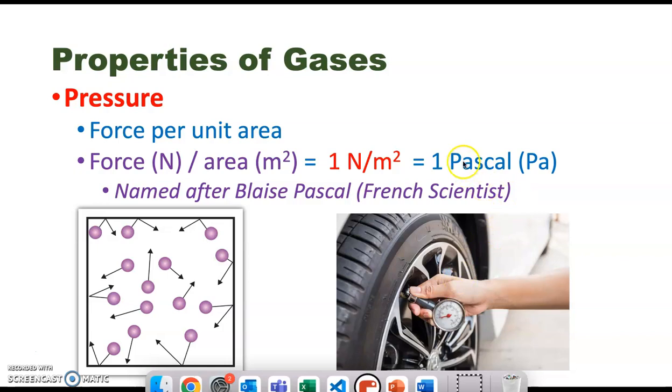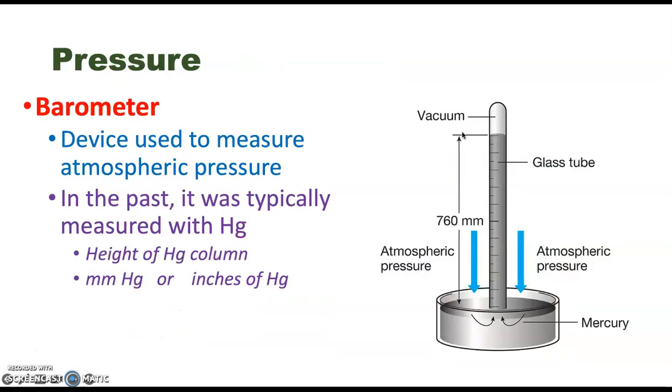So let's continue on. Okay, so a device that's used to measure pressure is called a barometer. This is an example of a barometer over here. What happens in this is that you fill up a tube that's closed on one end but open on the other end. You fill it completely with mercury, invert it into a tub of mercury, and now mercury is really dense and heavy, so the weight of the mercury wants to pull it down.